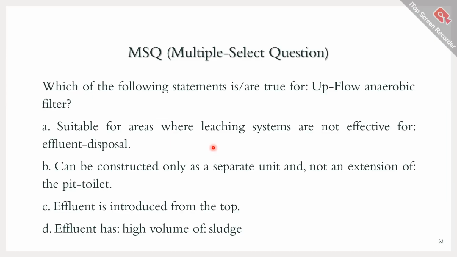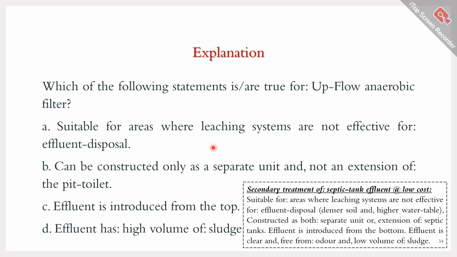Okay, so we'll move on to the solution. First, there is an explanation for this problem. Secondary treatment of septic tank effluent at lower cost. Suitable for areas where leaching systems are not effective for efficient disposal, like denser soil and higher water table.